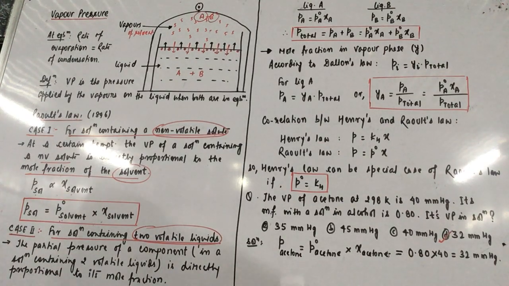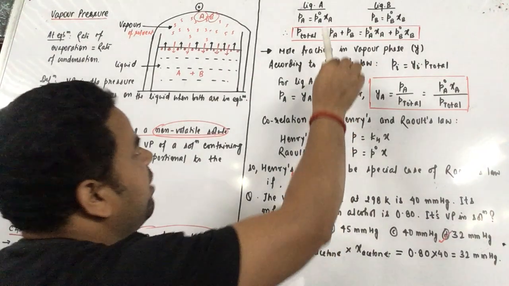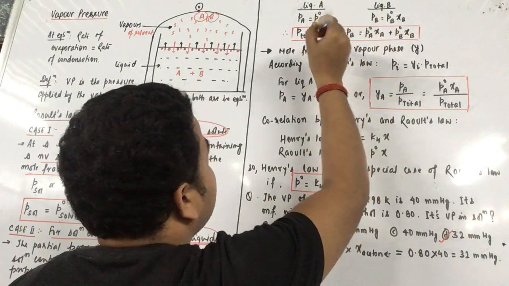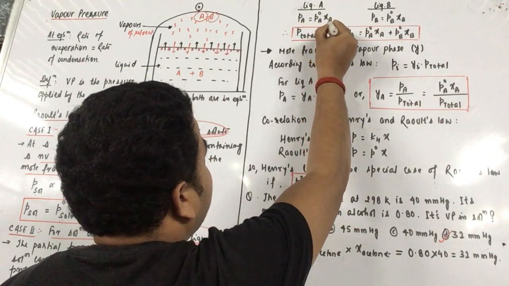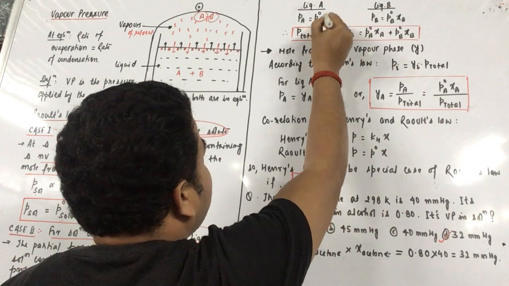So according to Raoult's law, the partial pressure of a component, here we have two components A and B, in a solution containing two volatile liquids, is directly proportional to its mole fraction. So the partial pressure of liquid A is equal to P naught A into its mole fraction XA, where this is the proportionality constant.